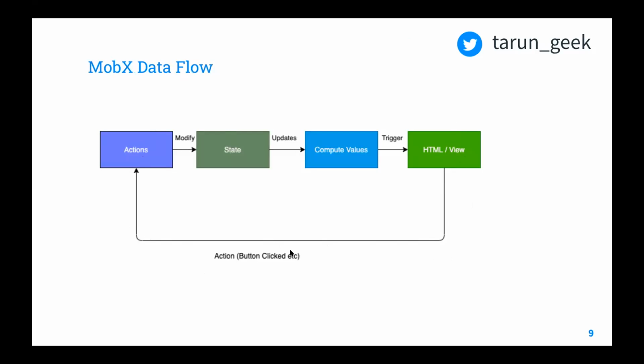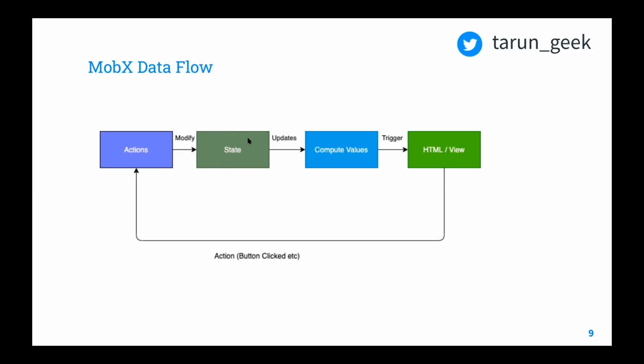From the HTML or your React component, you trigger an action, and this action modifies your application state. This may be getting values from third party APIs, or internal calculation, or manipulation of data, something like that. All the third party things can be modified here.